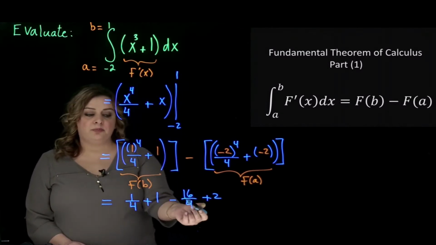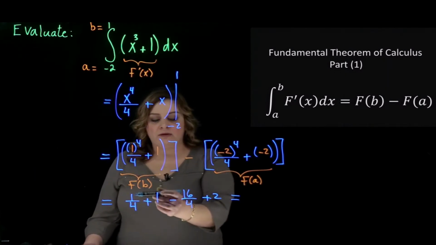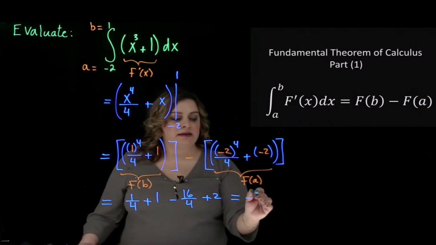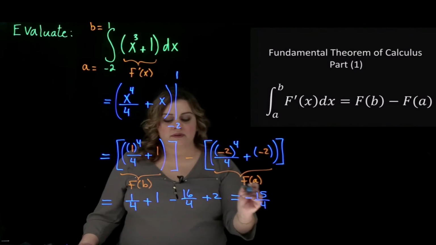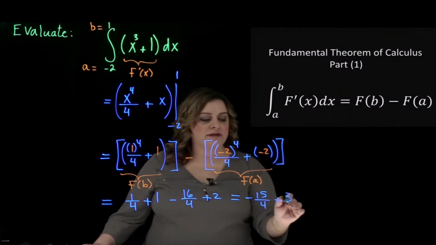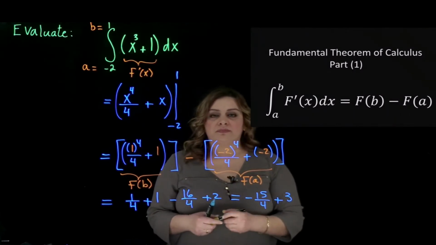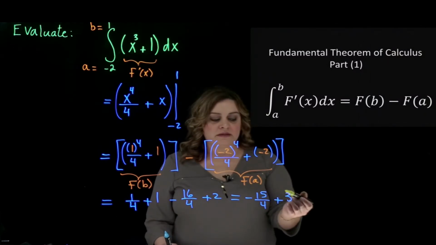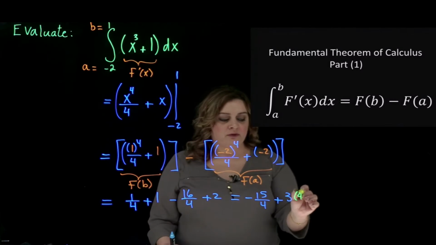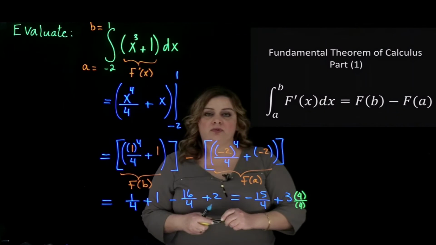Now we want to combine the fractions. This will give me 1/4 minus 16/4, which is -15/4, plus 1 plus 2, which is +3. Now I want to combine the terms with a common denominator, so I multiply the numerator and the denominator by 4.